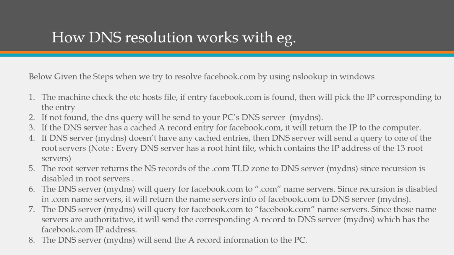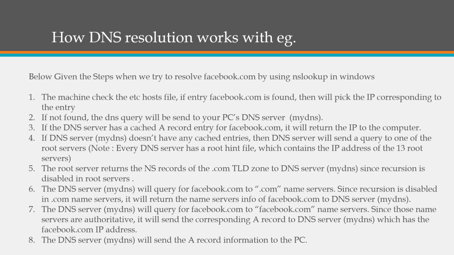But if it doesn't have any cached entries, then the DNS server will send a query. I'm saying it doesn't have any cache entries, that is, no cache entries of com name servers or Facebook's name servers, nothing. It has no cache at all. In that case, the DNS server will send a query to one of those 13 root servers.